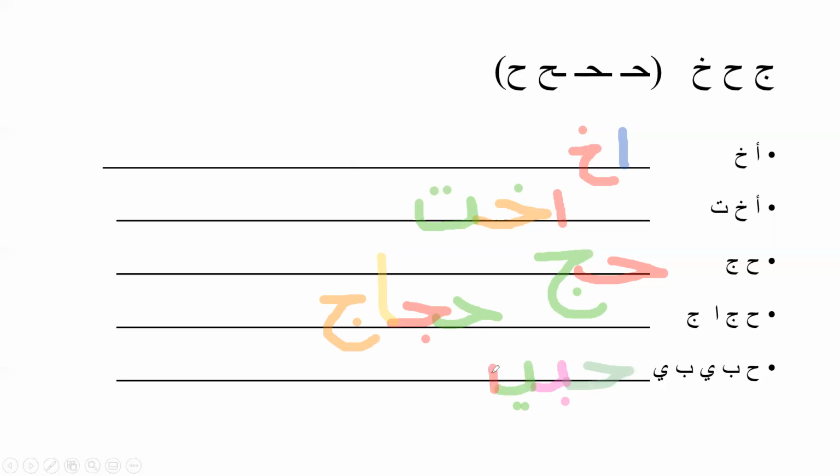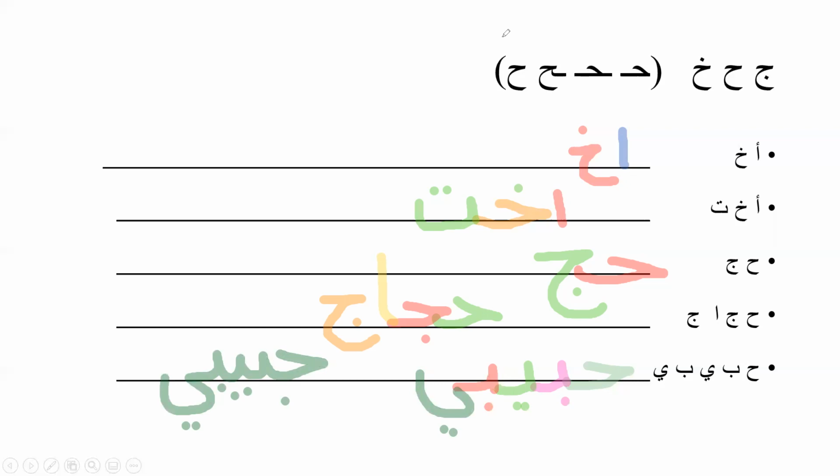And then ba, and then ya in the end. Here it is. It goes below. Habibi. Here it is one more time. Habib. Two dots for ba, one for ya. Habibi.